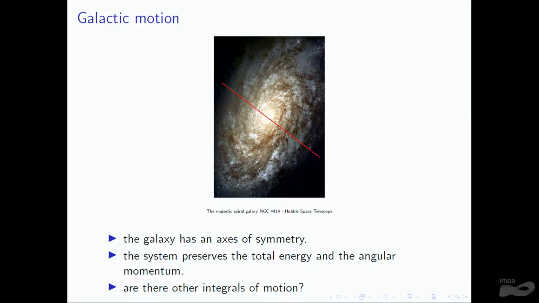And the question that they were trying to answer: you have the total energy that is preserved by the flow, you have the angular momentum. Is there something else that we didn't find, or is there nothing else?